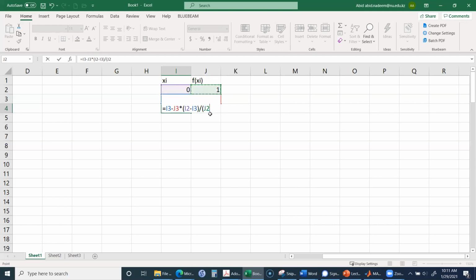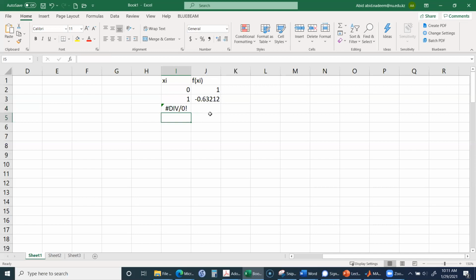So 1, and then these two functions. So I get an answer equal to division by 0. So maybe I have made a mistake. Let me check what mistake I have done.